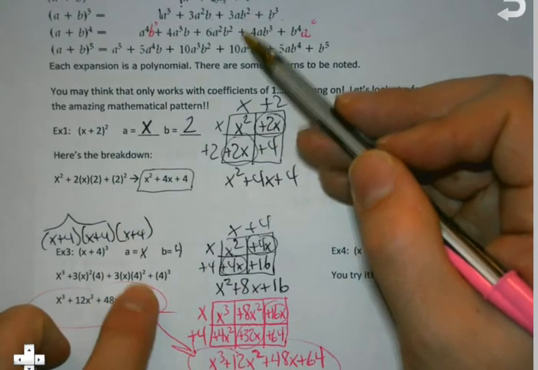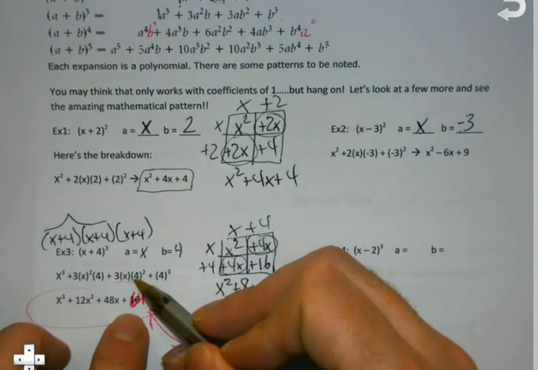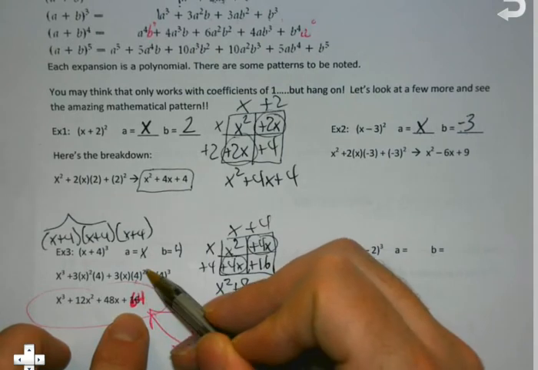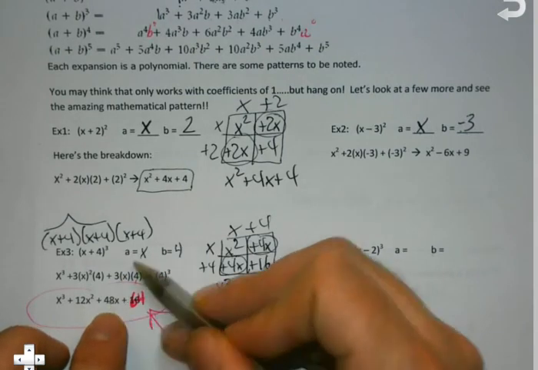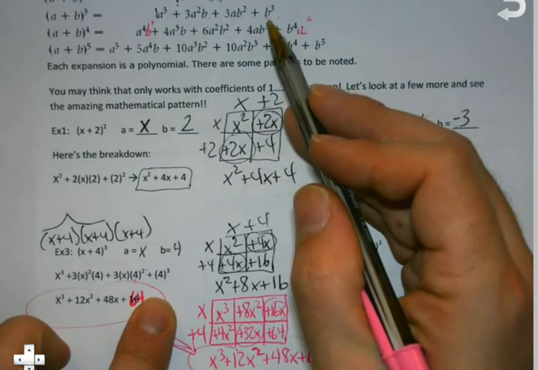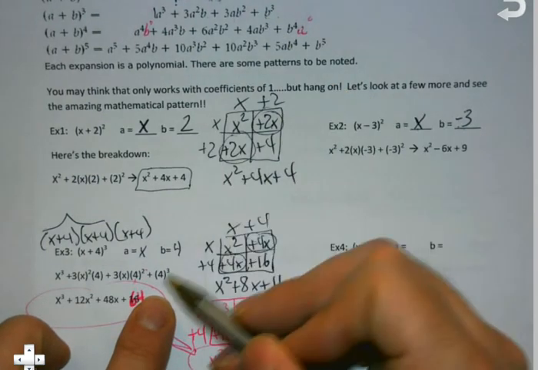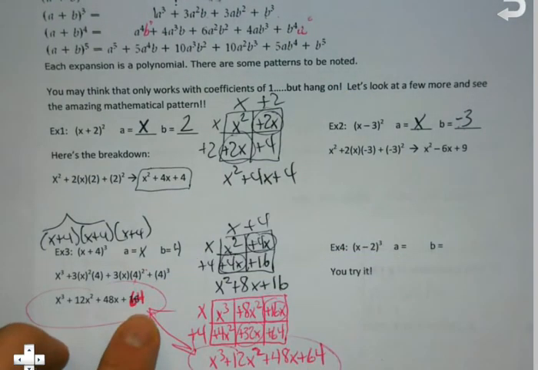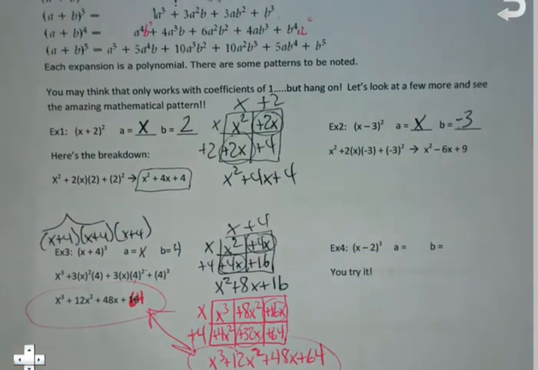My second term is 4, so I'd square that. 4 squared is 16, times 3 is 48, plus my b term cubed, which is 4. 4 cubed is 64, not the 16 that you originally see on your sheet.